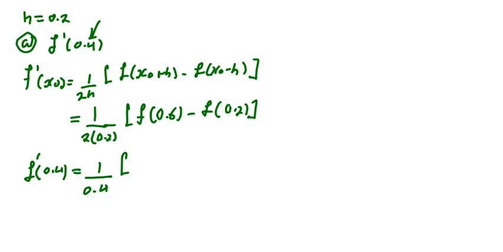So where we have f of 0.6, from the table we have 0.8080348, minus, where you have f of 0.2 in the table, you have 0.9798652, something like this.